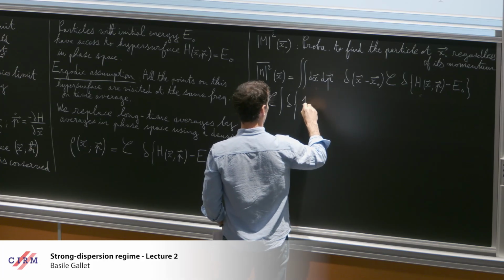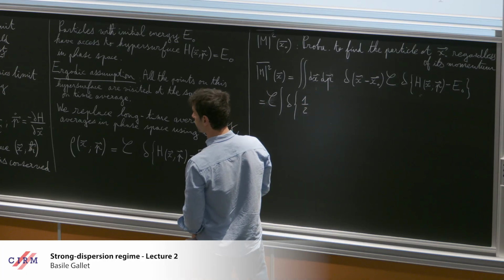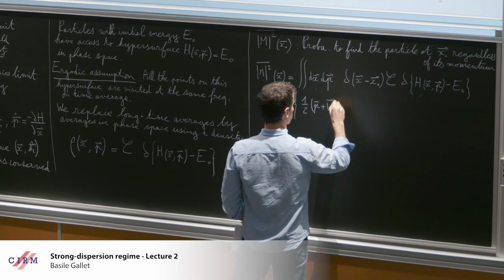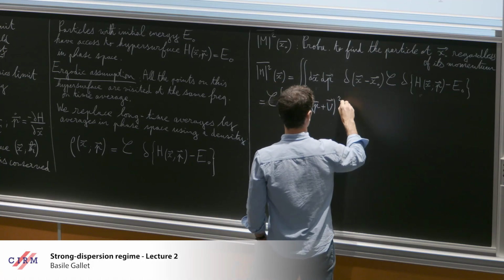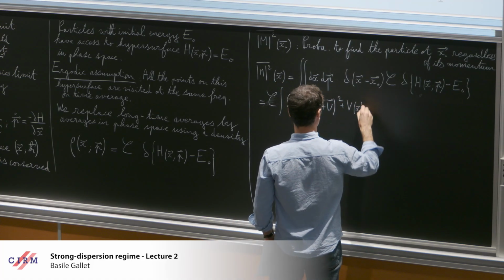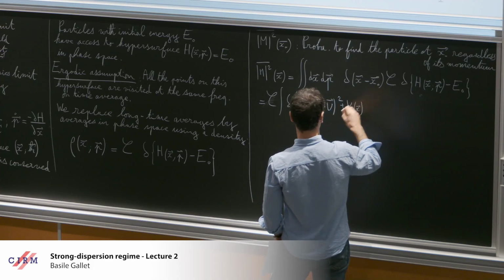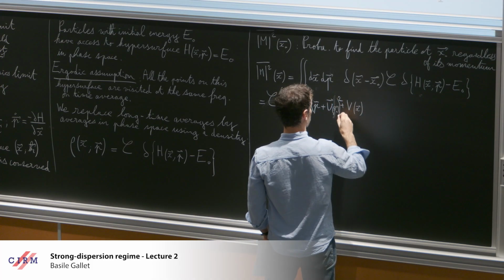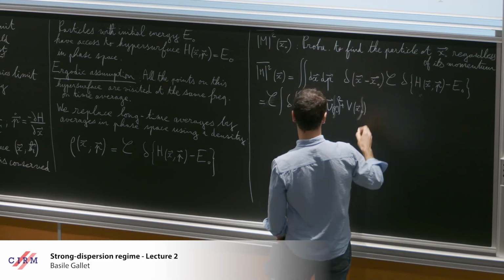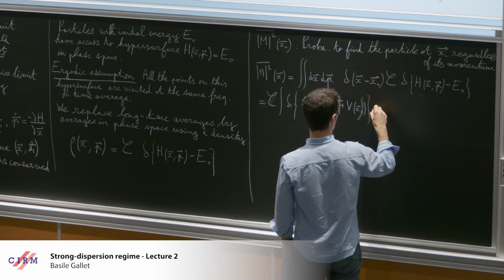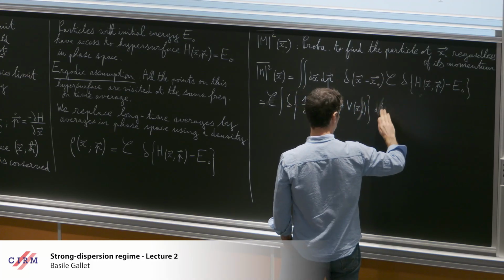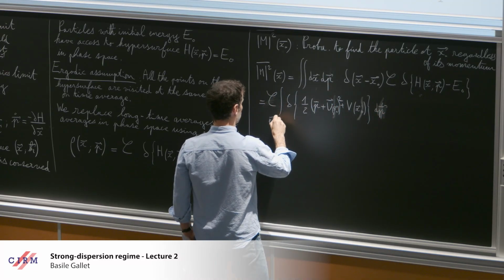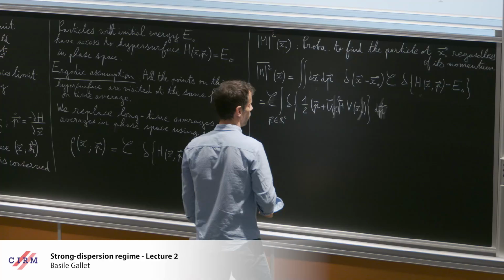So that's 1/2 (p plus u) squared plus V of x0 minus E0, dp, and p is in R squared here, more or less.